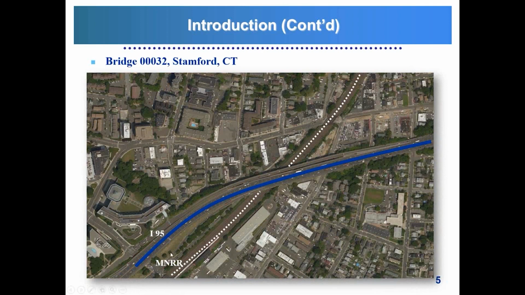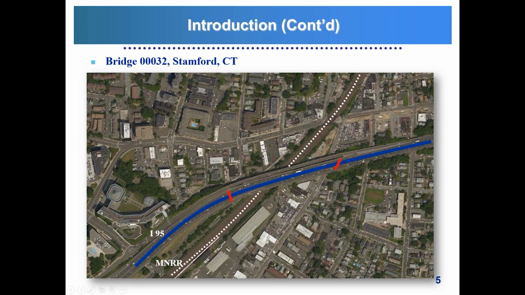Here we have a satellite view of the bridge and the location. So here we have I-95. The bridge carries I-95 over a few local roads over here and over Metro-North Railroad. So this railroad over here, it's the New York-New Haven line of Metro-North. Here we have the downtown Stamford and the financial district.